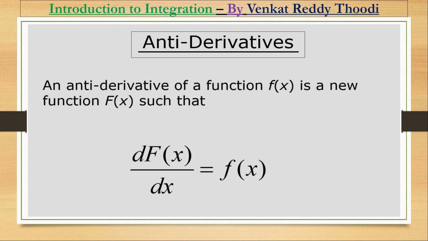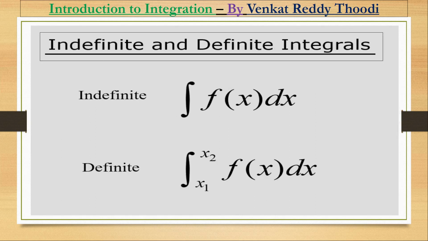If you integrate small f of x, you will get capital F of x. That is the reason integration is known as the antiderivative of a function, or the inverse process of differentiation.